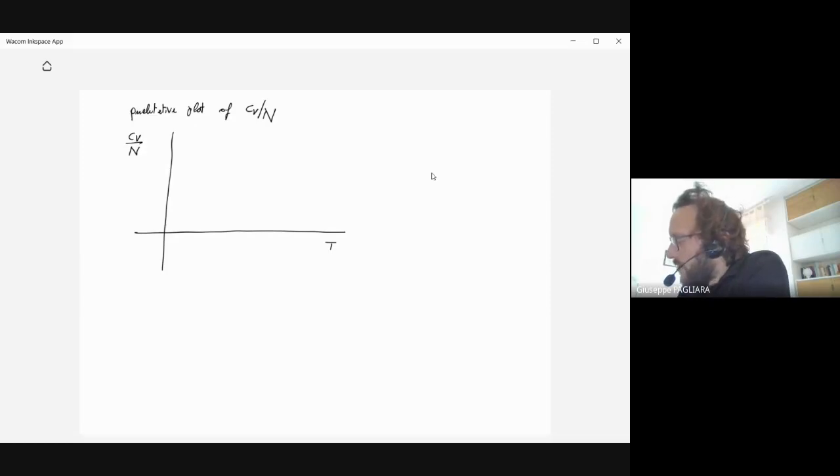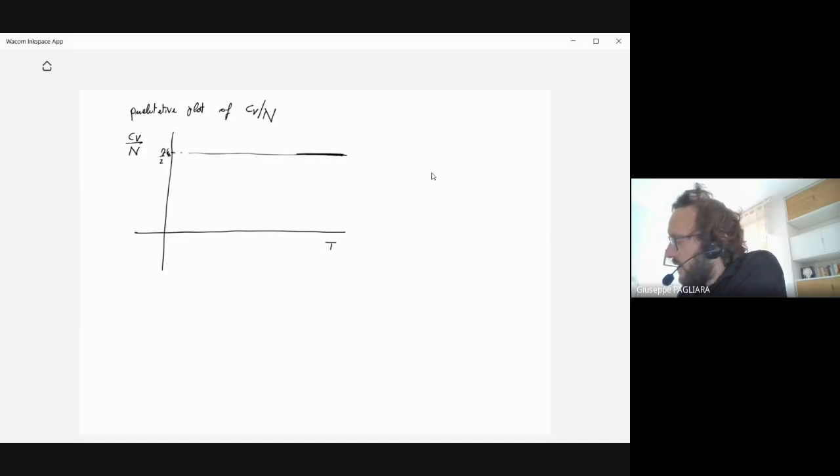Now in the large temperature limit, I should get 7.5 kB.